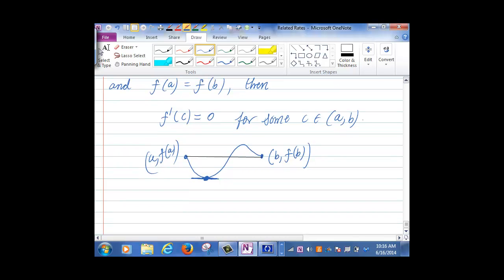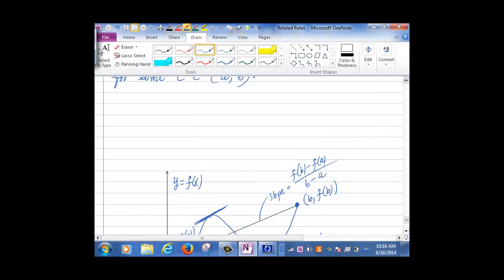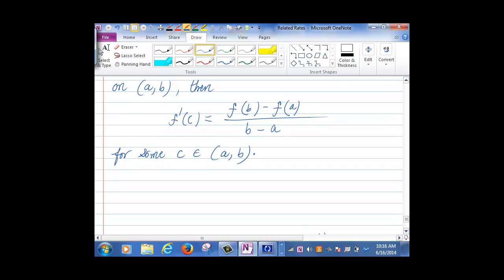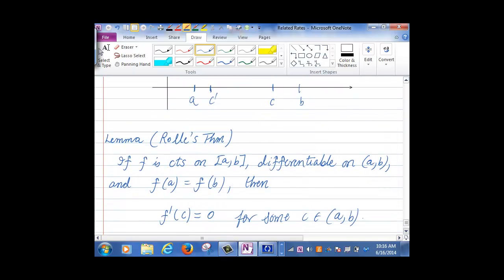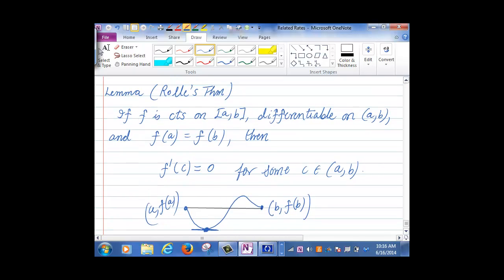In the mean value theorem, the right hand side, remember, was f of B minus f of A over B minus A, right? Now we are assuming f of A and f of B are the same, so it's going to be 0. When I teach Rolle's theorem during the semester, I give a proof of the mean value theorem because that's a very important theorem in calculus.